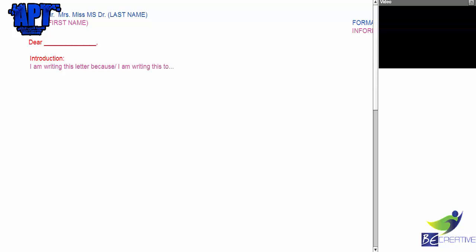For example, I'm writing this letter because I have received faulty equipment. Or I'm writing this to complain about a computer that was sold to me by your store and it was not working very well.